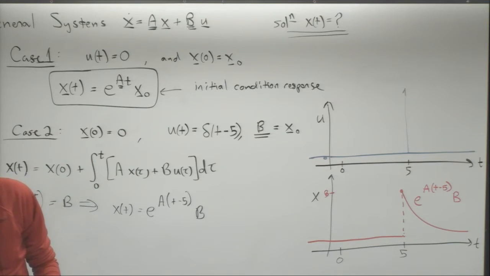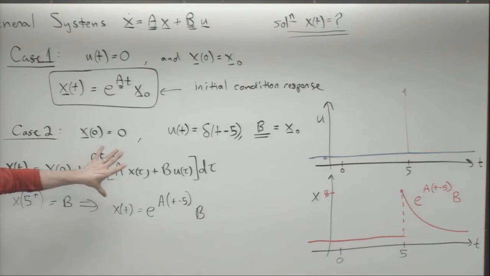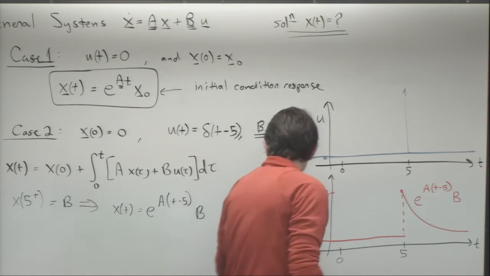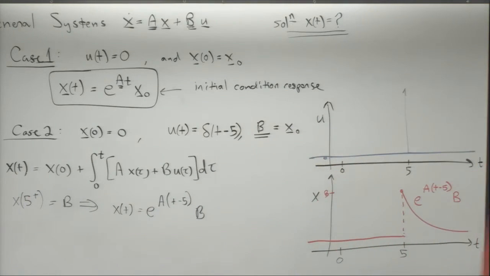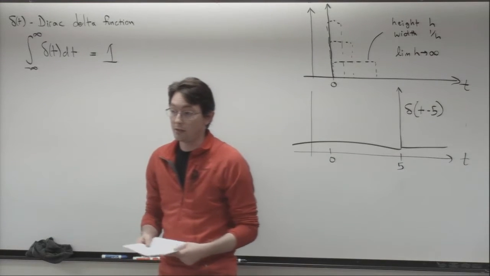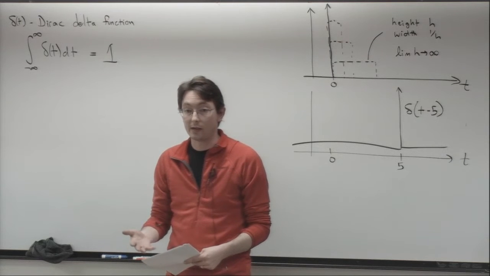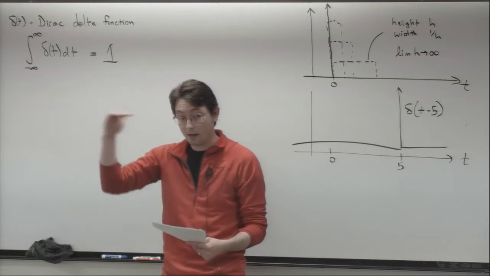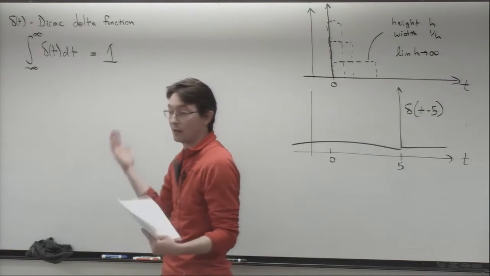Okay, so now we're ready to do something pretty neat. We're ready to add the effects of initial conditions and forcing. So remember that for linear systems, if I have two solutions that satisfy my equation, then the sum of the solutions also satisfies my equation. So I can add solutions, and they're still solutions.